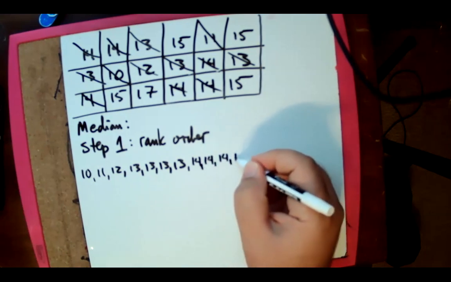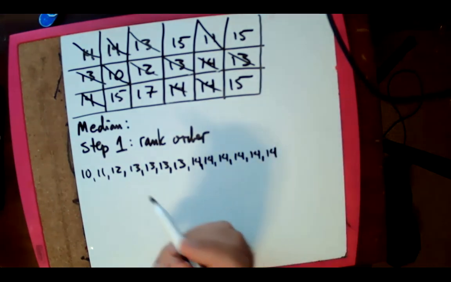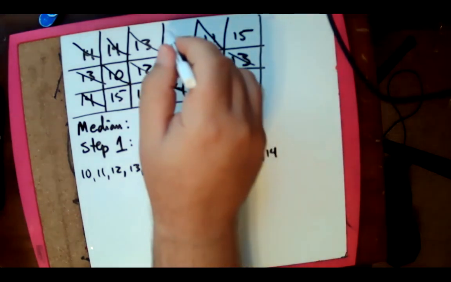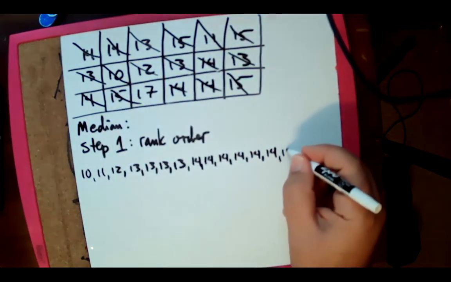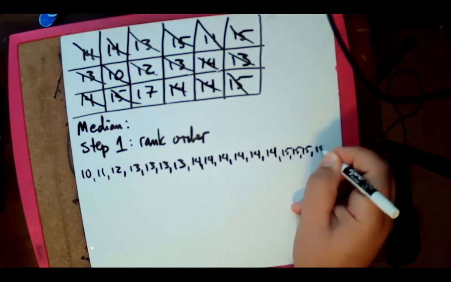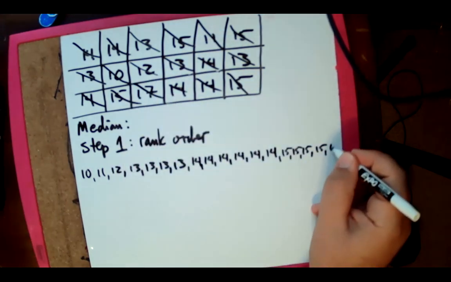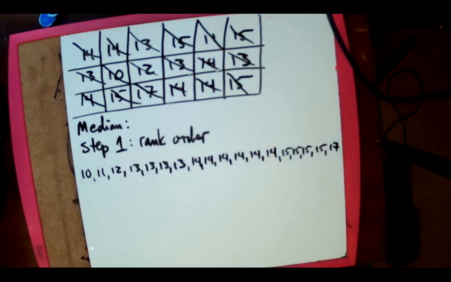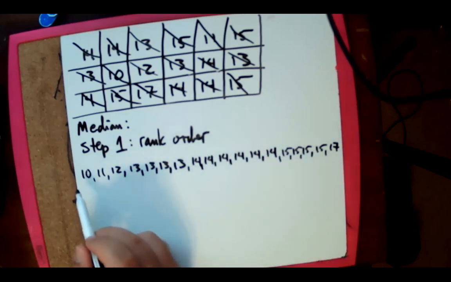Got it. Okay, 15s. How many we got? 1, 2, 3, 4. We got 4 15s. And then last number is the highest number, and that's a 17. There we go. So that's step number one. Put all of the numbers in rank order from lowest to highest.